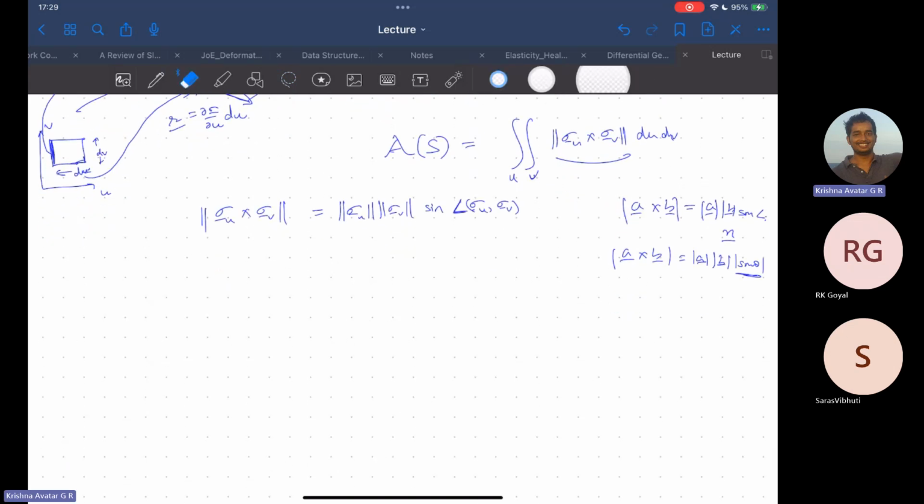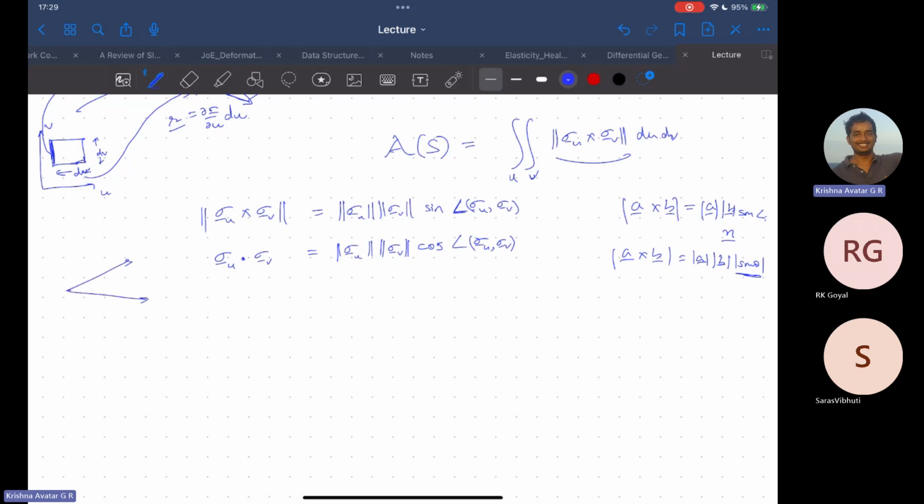For the dot product, we know very well that σu dot σv is going to be the norm of σu, the norm of σv, into cosine of the angle between σu and σv. And considering that this angle theta between both of them is always chosen to be the smallest one.